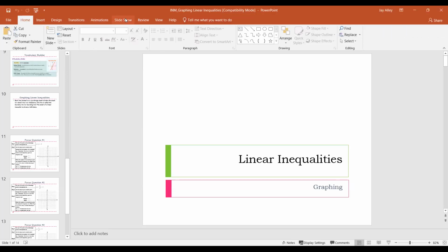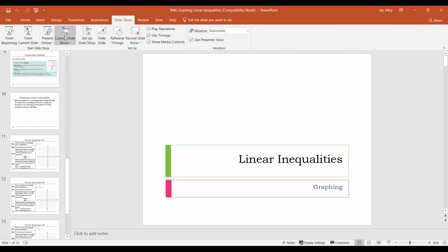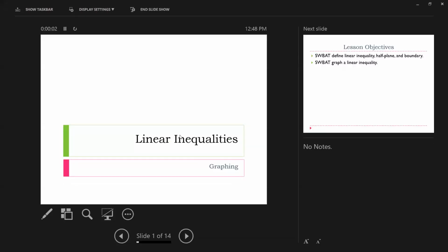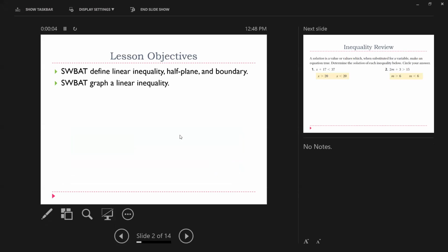So linear inequalities. Well, we're still talking about straight lines. The other day I mentioned this idea about having a half plane on our graph and what we're talking about as a boundary line.